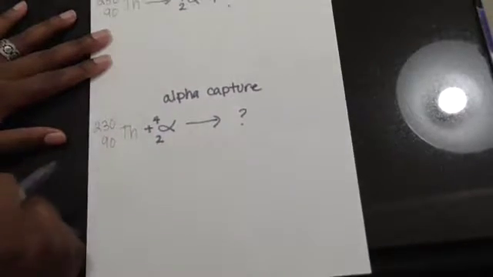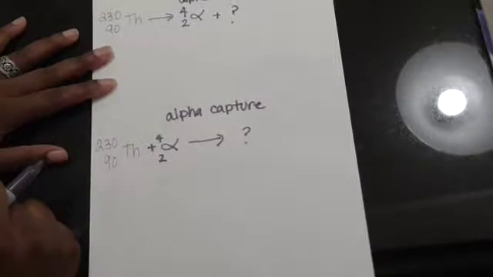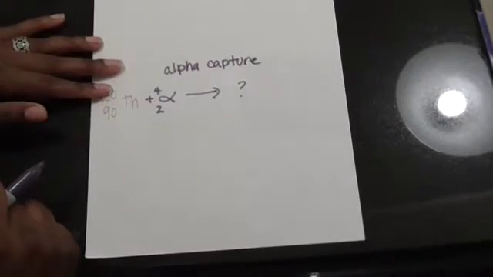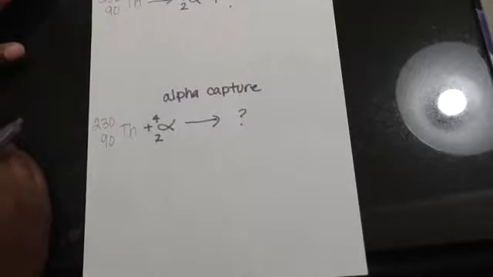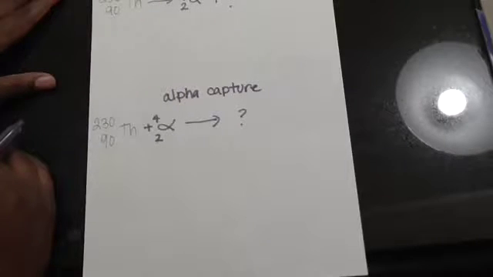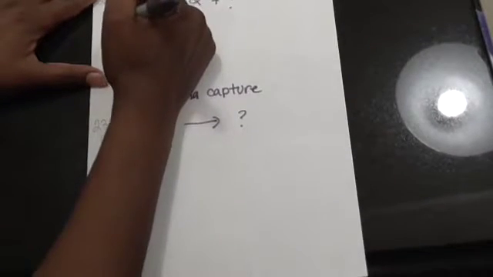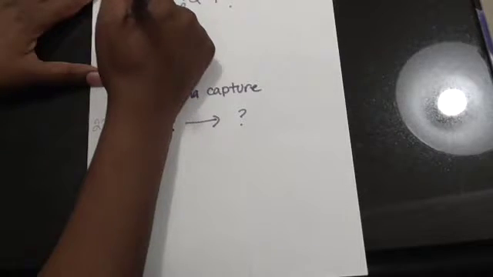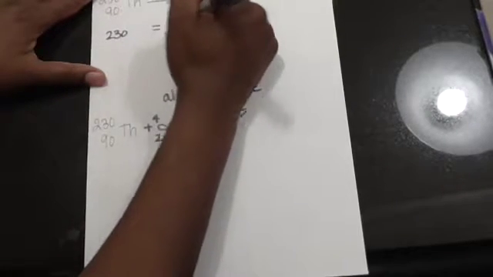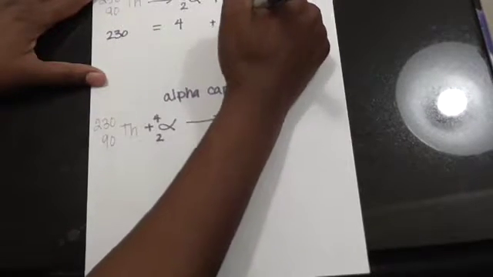So whenever you have an alpha emission or an alpha capture, you set up the problem so that you're looking at all the top numbers together and all the bottom numbers together. Wherever your arrow is, that becomes your equal sign. So looking at the top numbers, I have 230 equals 4 plus x.